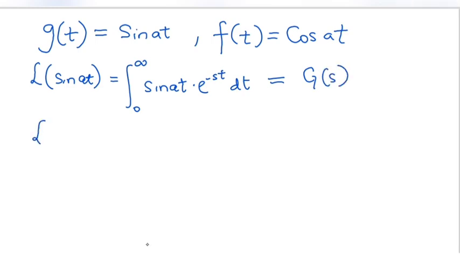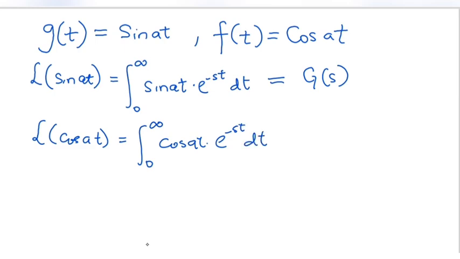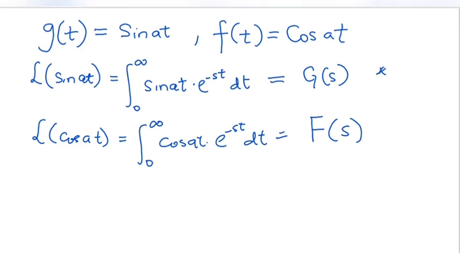Then the Laplace transform of cos at, which is the integral from 0 to infinity of cos at e to the negative st dt, we'll call this capital F of s just to minimize our writing. So we'll start with the first one, for sine at.